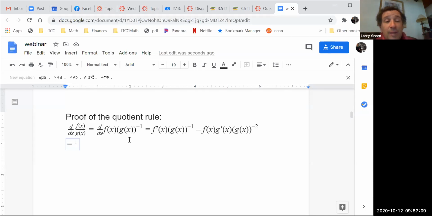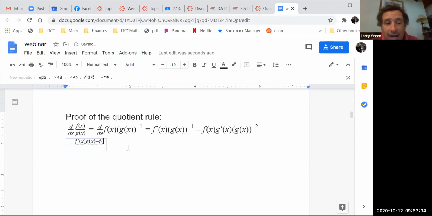Because we have g of x to the negative 2, and that comes down as a g of x squared. So to get a common denominator, notice I'm going to have to take this f prime of x, g of x to negative 1, and multiply it by g of x times g of x to negative 1, and I get f prime of x times g of x. And that way I get the g of x to the negative 2 that I need for the common denominator.